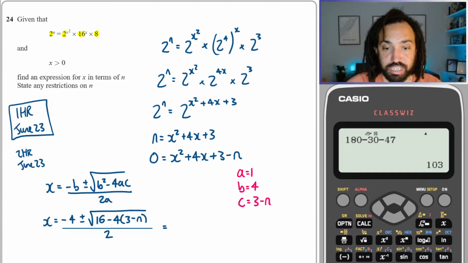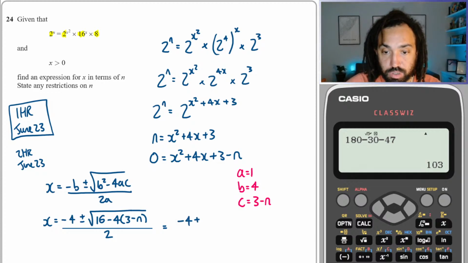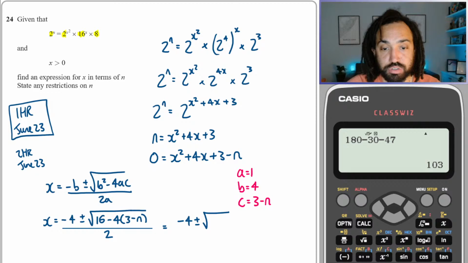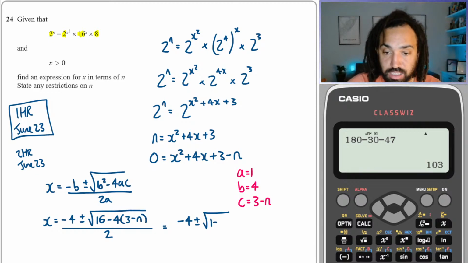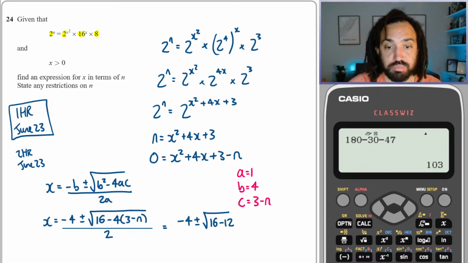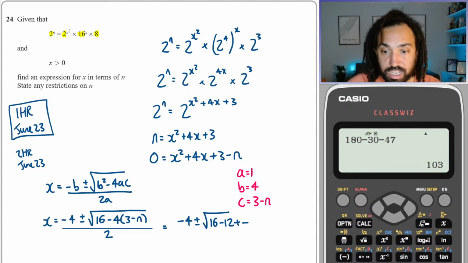Okay, right, can we tidy this up? Well, inside the square root, you're going to have 16 minus 12 plus 4n. I'm going to multiply out that little bracket there, all over 2.